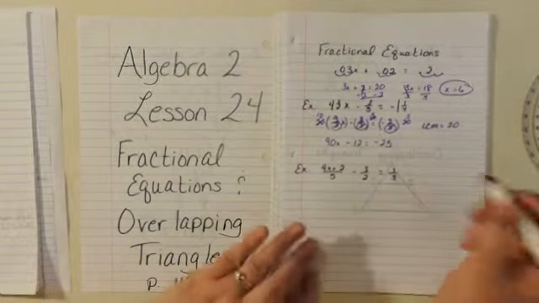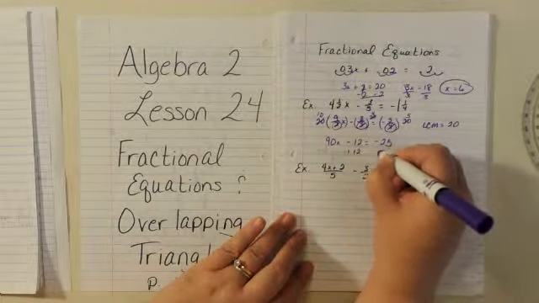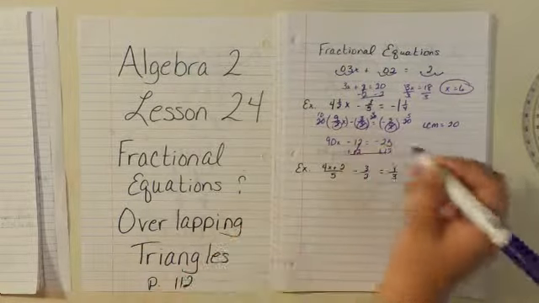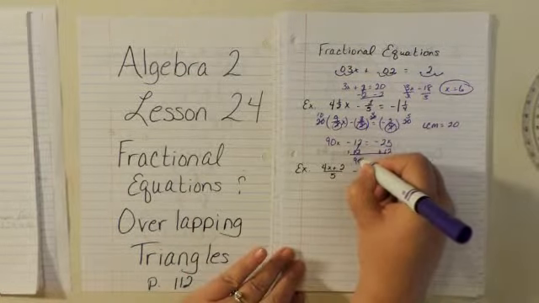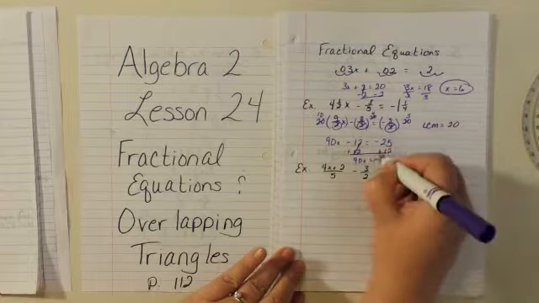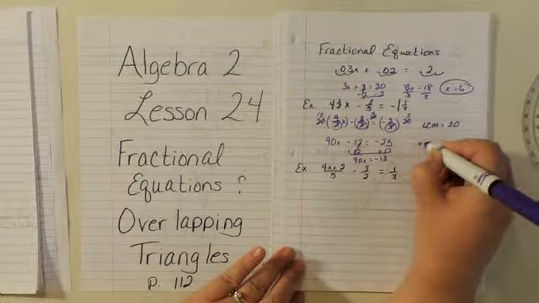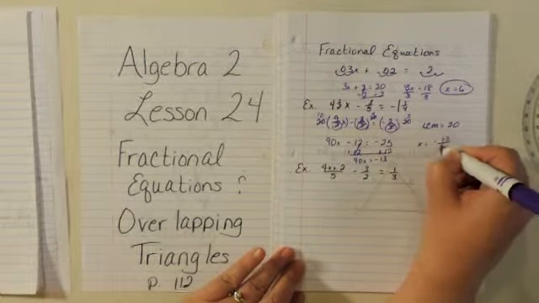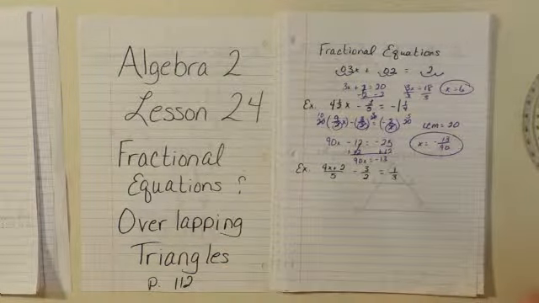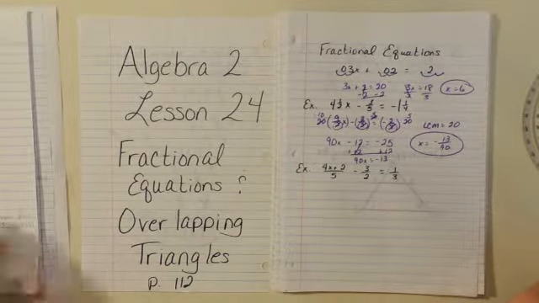And now we can solve for x. Add 12 to both sides. And we have 90x equals negative 13. So x equals negative 13 over 90. It's not pretty, but it's correct.